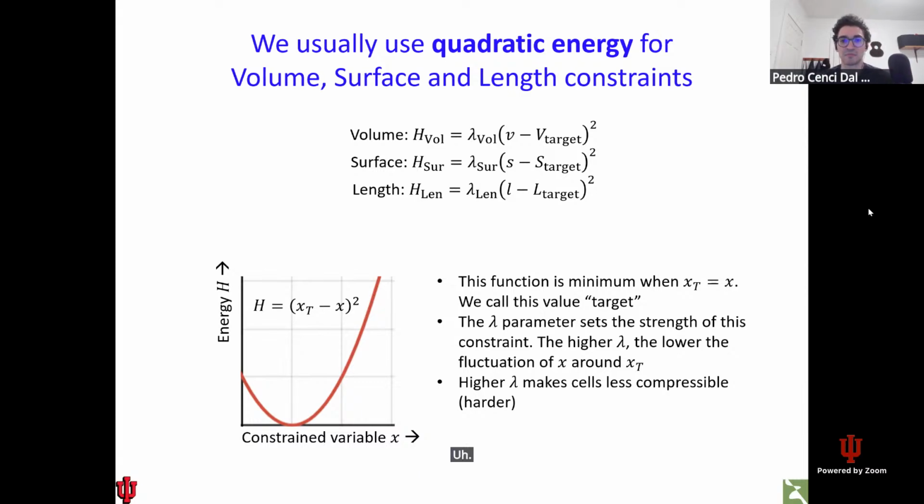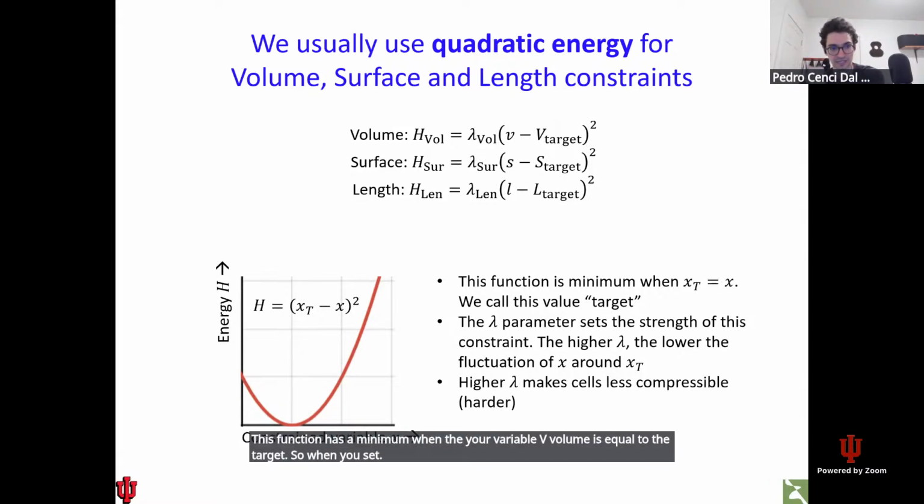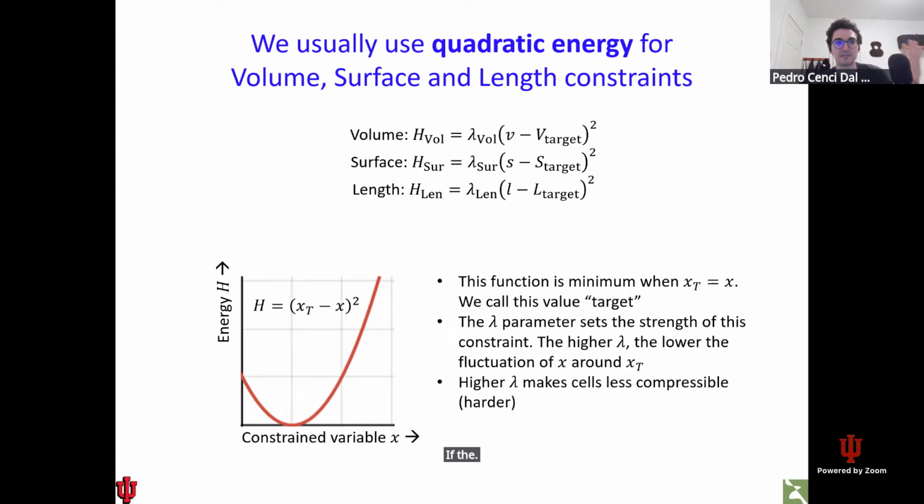This function has a minimum when your variable v volume is equal to the target. So when you set a target volume, for example, 9, if the volume of the cell is 9, that's the minimum energy configuration possible.